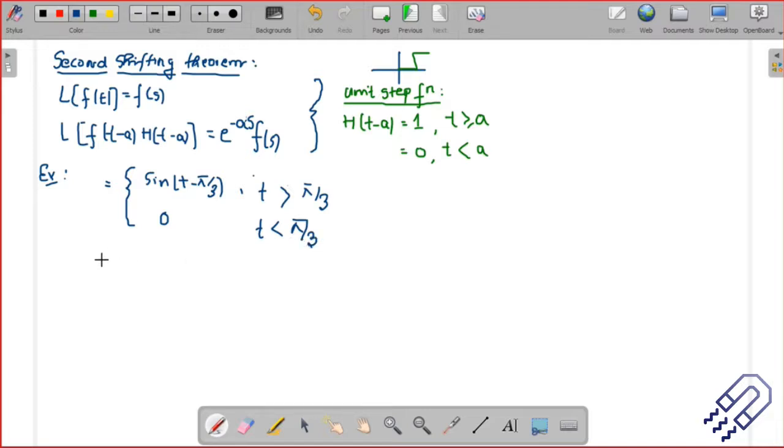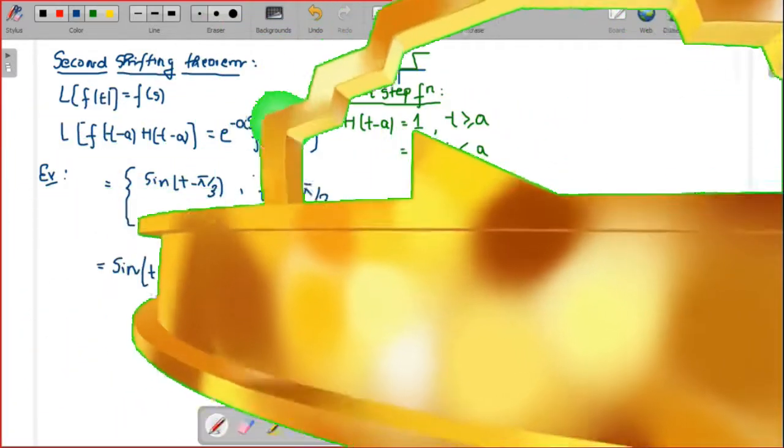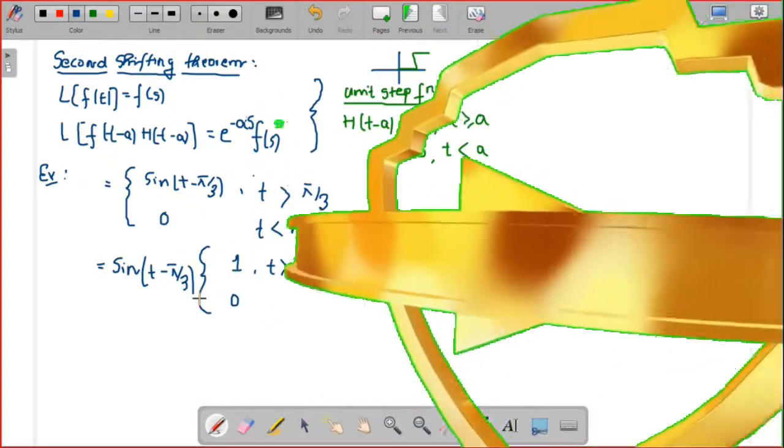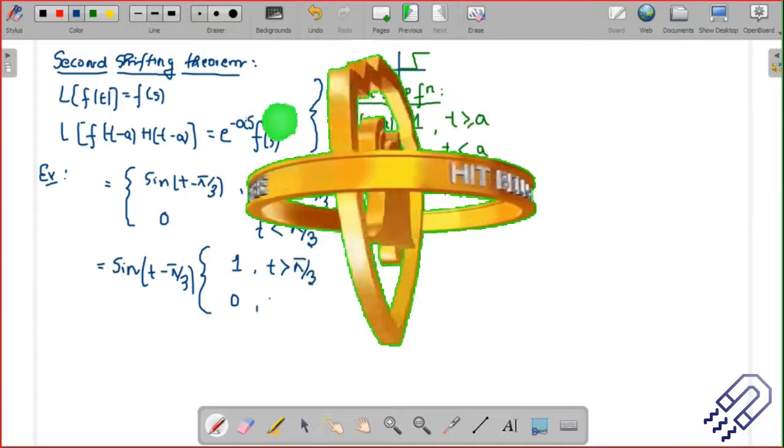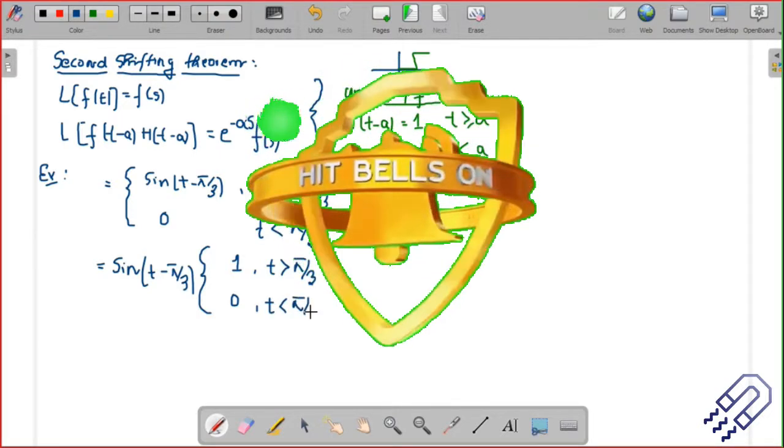What we can do now is make a slight modification here. We can take this sine of t minus pi by 3 separately. Then for both of them, I can do it this way. This will be 1 for t greater than pi by 3, and this will be 0 for t less than pi by 3.